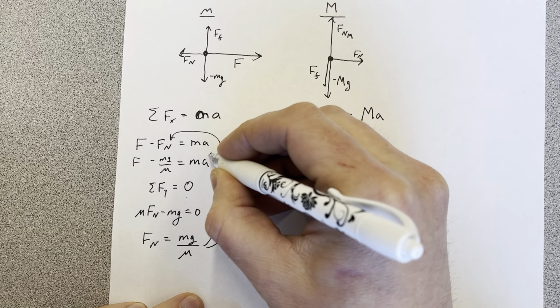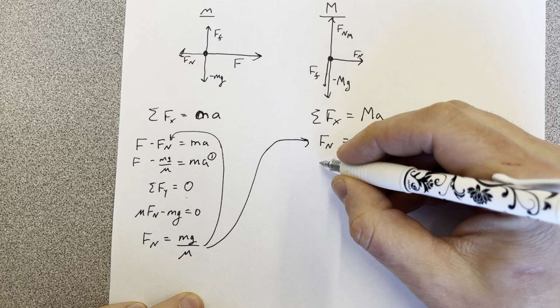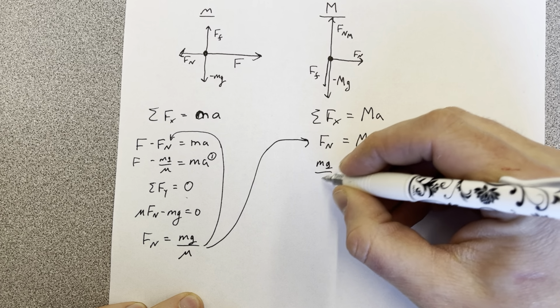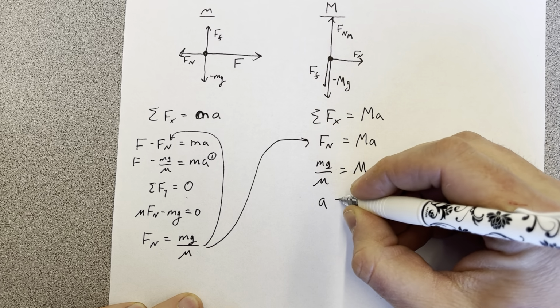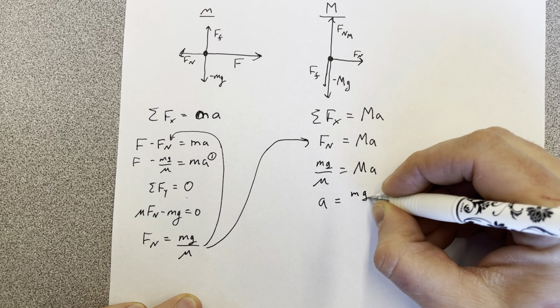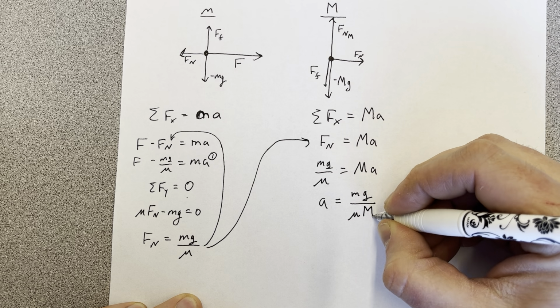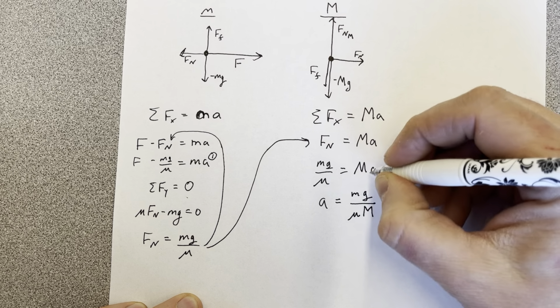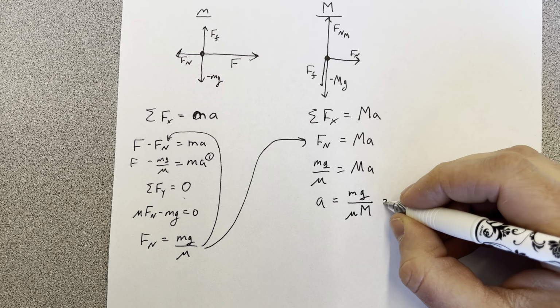So this is equation 1 I'm going to call, all right? I'm going to put this now into here. I'm going to say mg over mu equals capital MA, so that A equals little mg over mu times big M. So I divided both sides by big M to get to here. Call that equation 2.